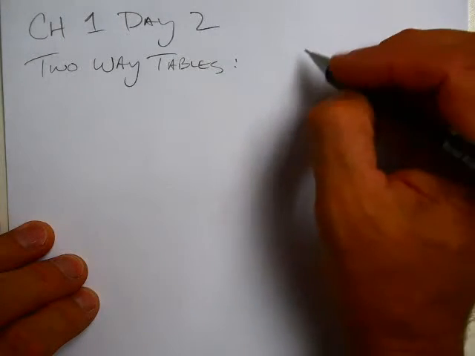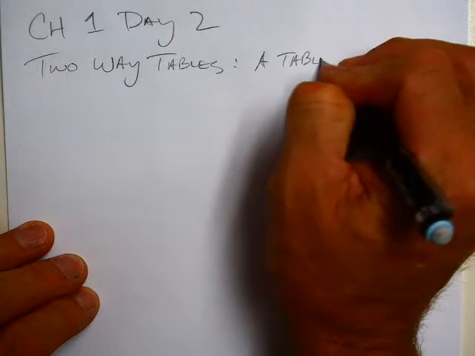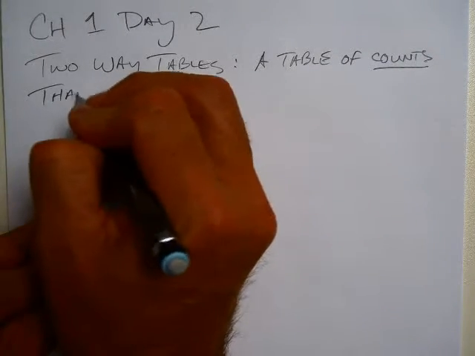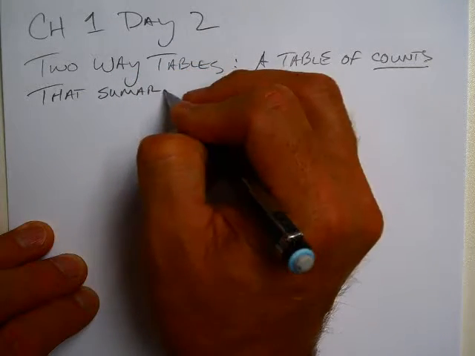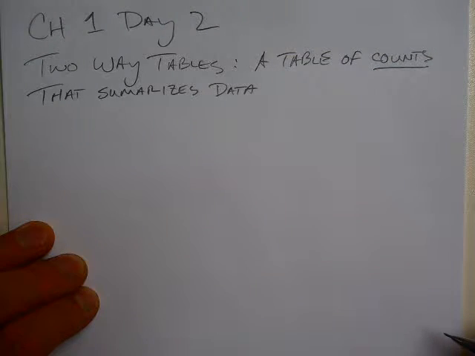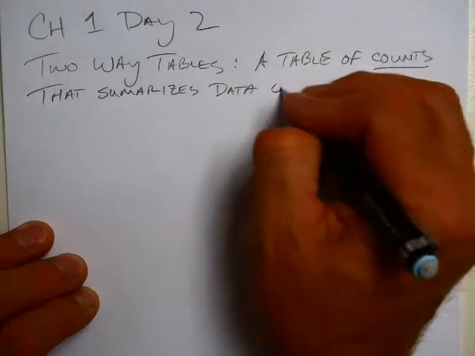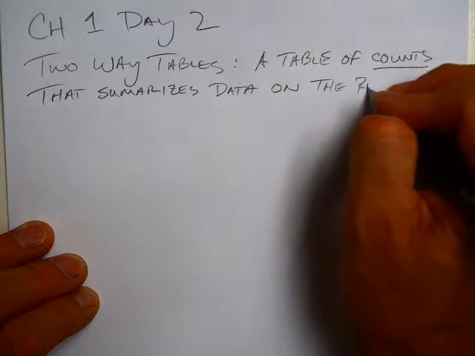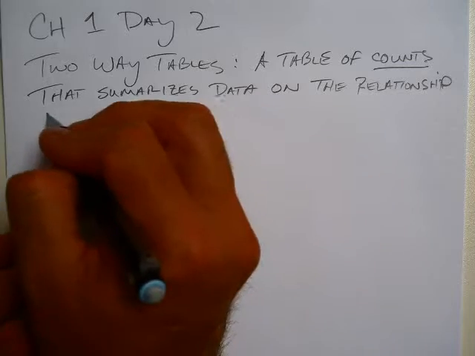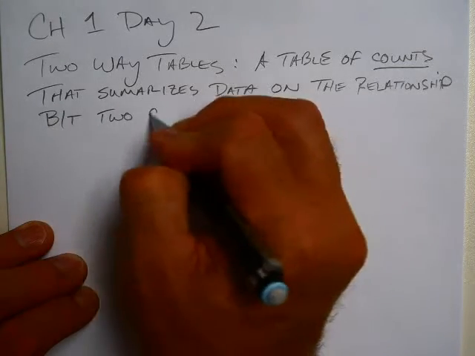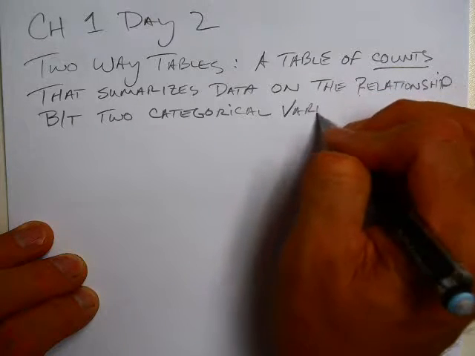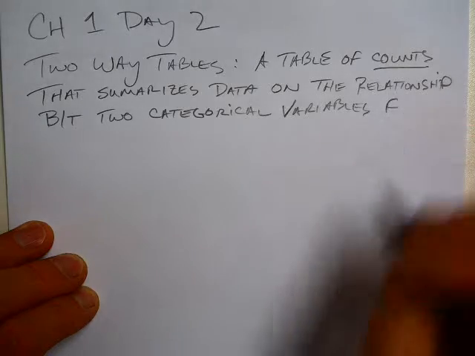It's a table of counts that summarizes data on the relationship between two categorical variables for some group of individuals.